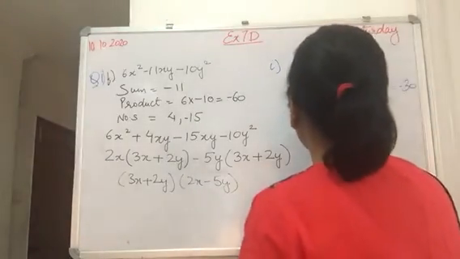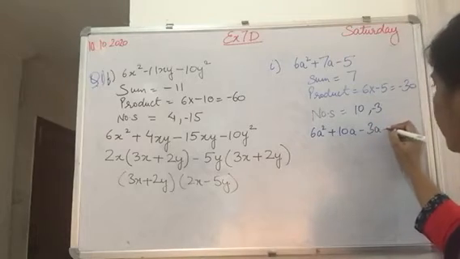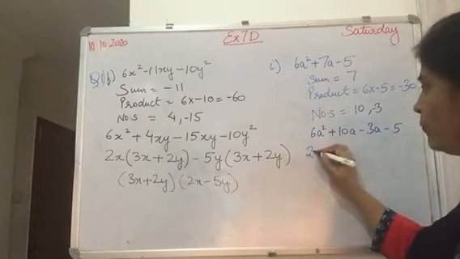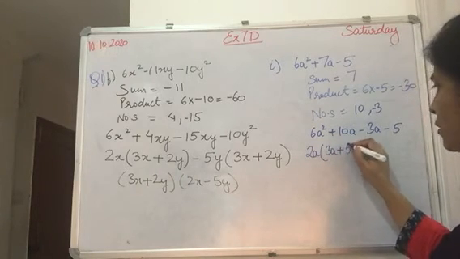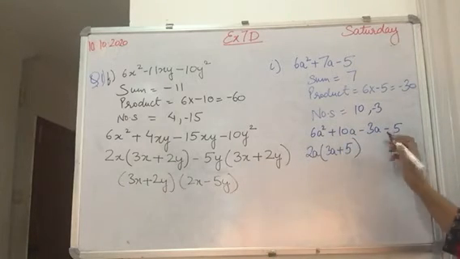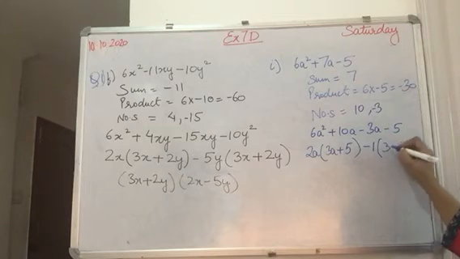So 6a square plus 10a minus 3a minus 5. Now 6 and 10 come in 2's table, 2a common, 3a plus 5, 2 5s are 10, a we have already taken out. Now in this case nothing is common, so minus 1. Why minus? Because both are negative.